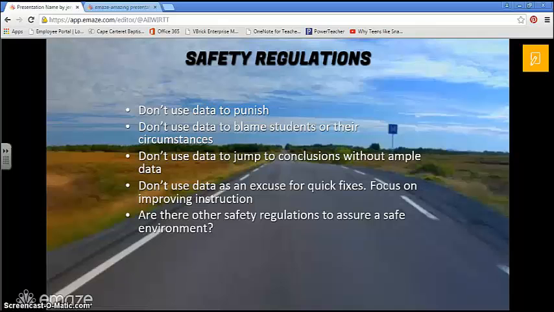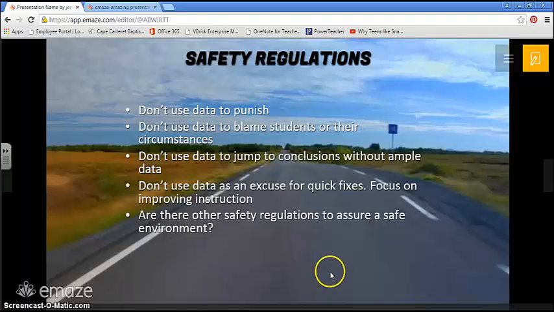But we are using data to focus on improving instruction without looking for just a quick fix based on the data. And are there any other safety regulations to ensure a safe environment where students can come and know that no matter what tier they're on, for whichever standard or objective, their needs are being met, behavior and academic.